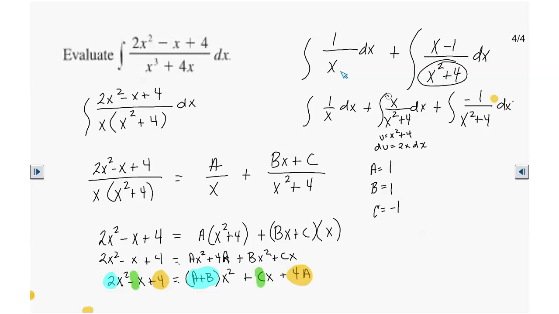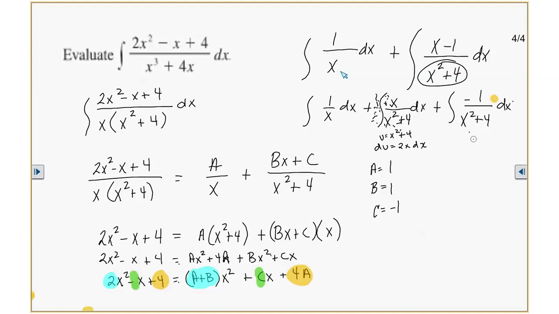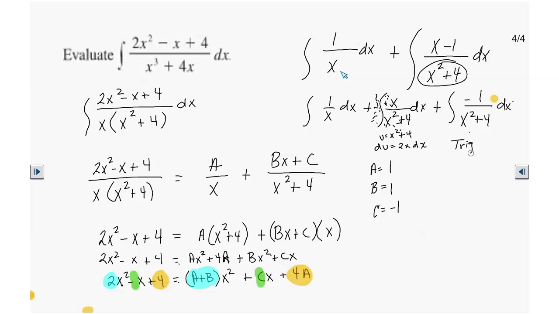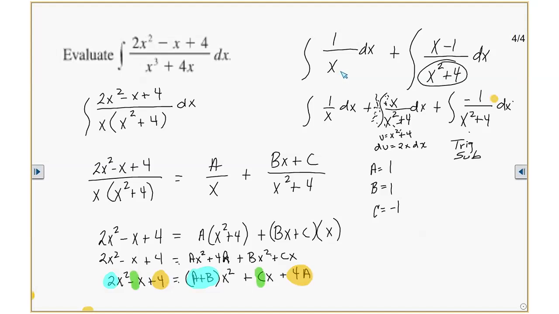So you put a 2 here and a 1/2 here. You can integrate this one. But that one, you're going to have to go to trig substitution. The reason I'm showing you this one is not because of the trig substitution. I'm showing it just a different type of problem, as I told you the other day.